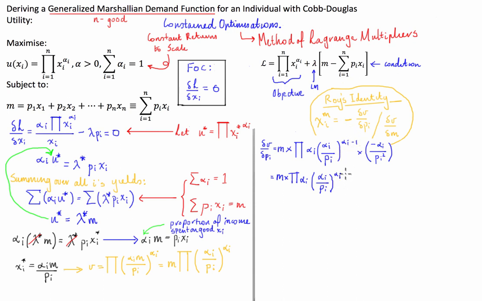So I'm going to multiply that by alpha i on the price i to the power of negative 1, and then finally multiplied by negative alpha i over pi squared. Great.